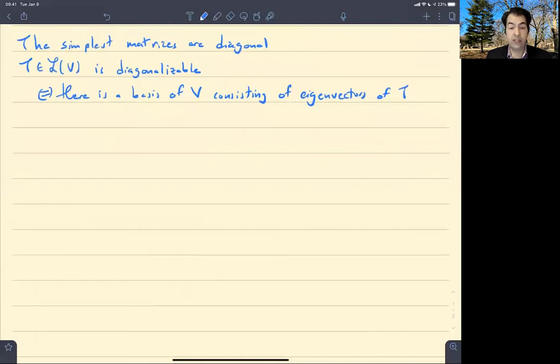Later, we'll see that for some matrices, this is automatic. Or for some linear maps, it's automatic. Let's state it for matrices.